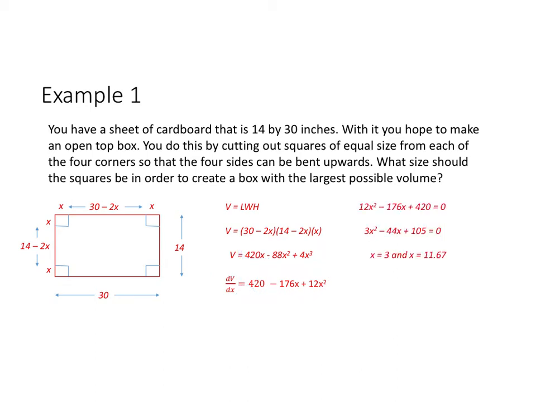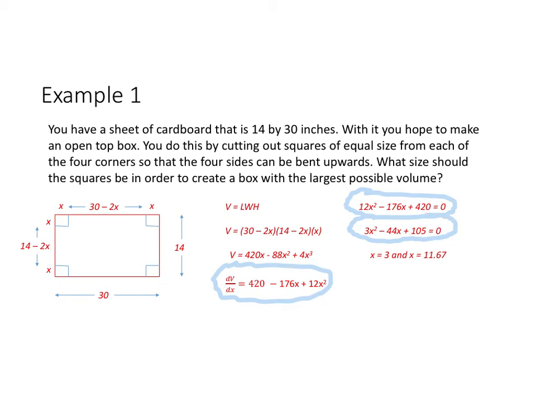Now we're going to take that first derivative and set it equal to 0 to look for critical points. I'm going to rearrange this so it ends up being 12x squared minus 176x plus 420, and we set that equal to 0. We've got a common factor here, so I can divide everything through by 4, and I end up with 3x squared minus 44x plus 105 equals 0.